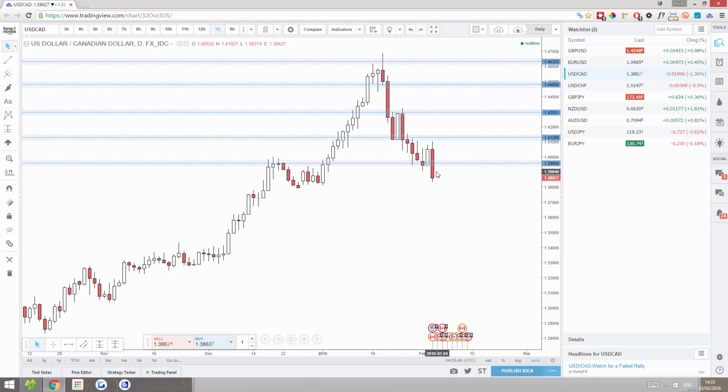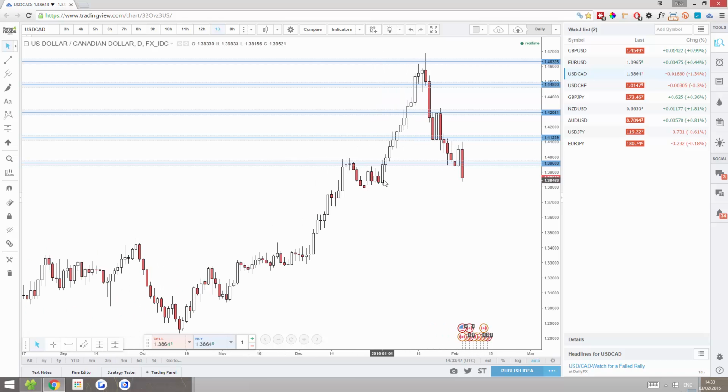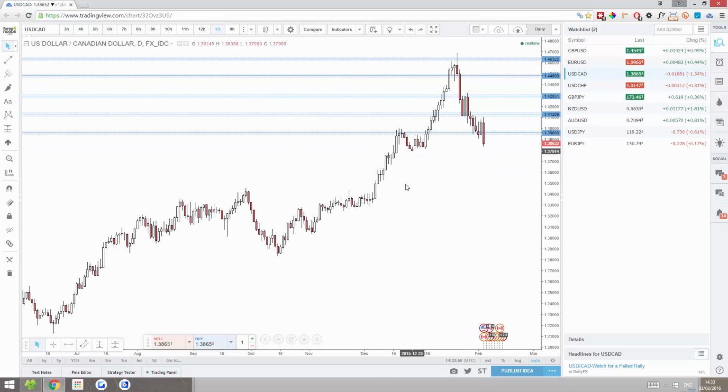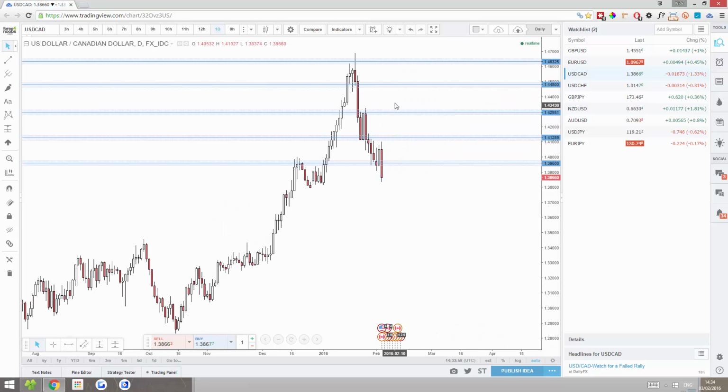It's made new lows. Yes. I'm happy to see USD CAD moving down into these areas because these areas are going to provide us with a much better opportunity to take a trade. These areas up here, now I've said this for the last like 5 or 6 analysis videos, but I'll say it again for the new people.